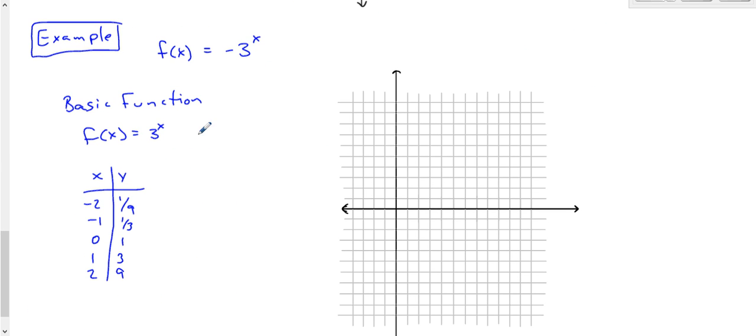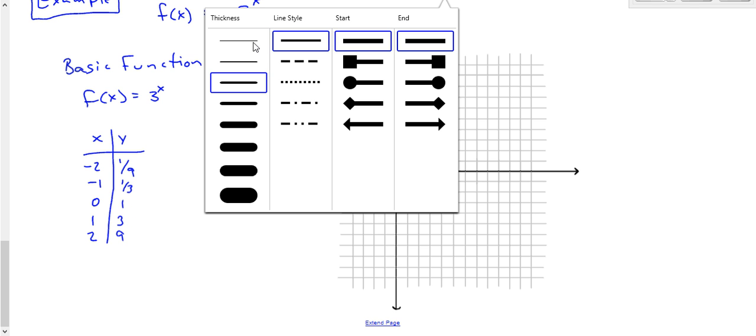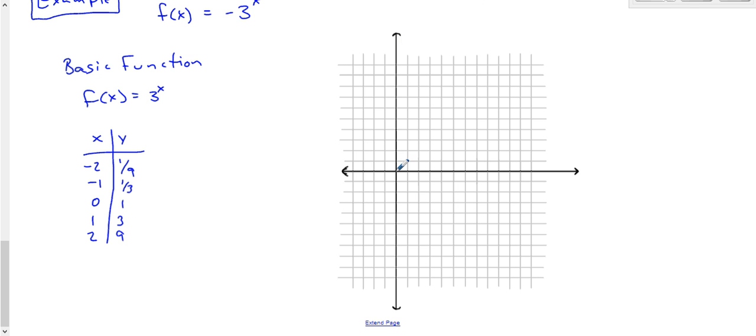Now, taking negative 3 to the x. Negative in front is reflecting this graph vertically. So again, I will graph in blue the original function. So negative 2 and 1/9, this original function is the same as the last one.